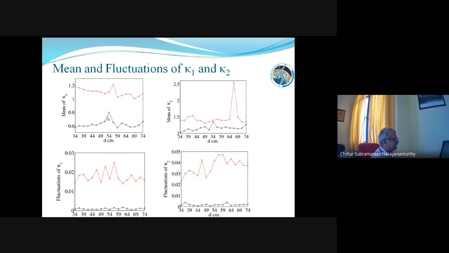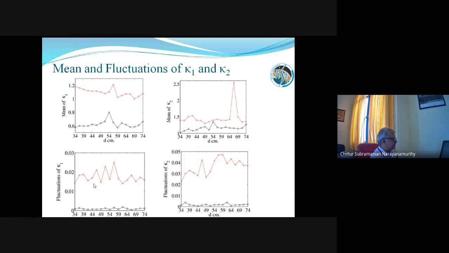Approximately, the black also gives you some fluctuations. At 54 centimeter, without turbulence it also gives you some height, and with turbulence it definitely gives a little higher. And you can see the difference for kappa 1.